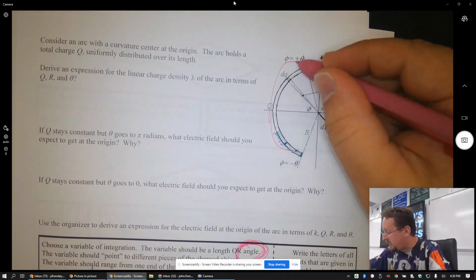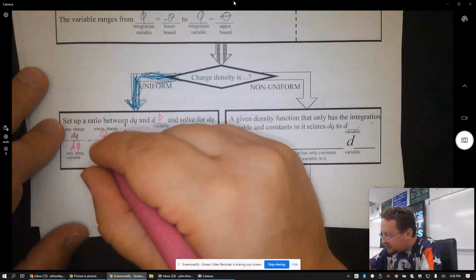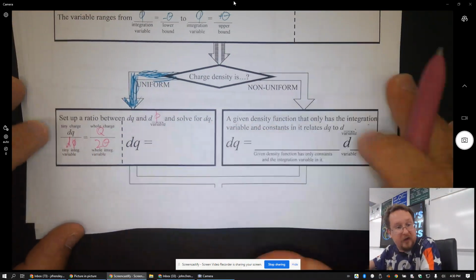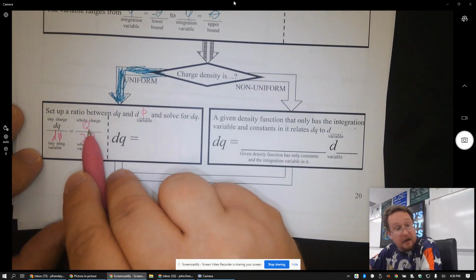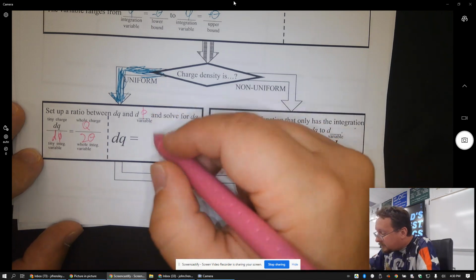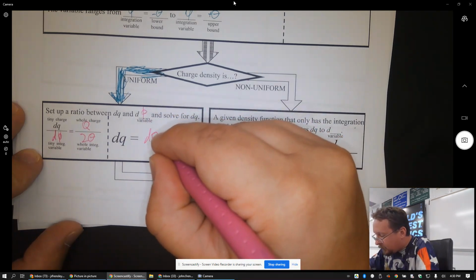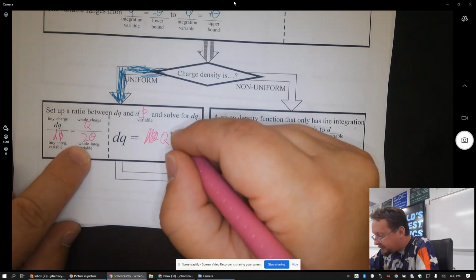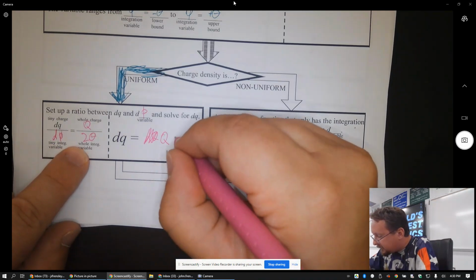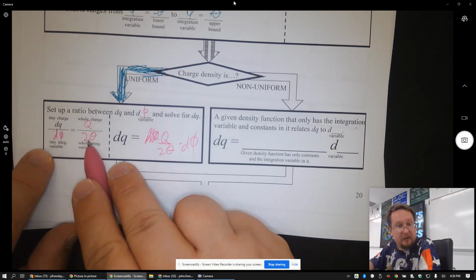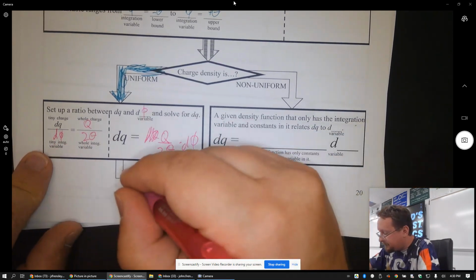That theta and this theta, 2 thetas. So dq over d phi is Q over 2 theta. Tiny charge over tiny angle. I was about to say tiny length. Whole charge over whole angle, right? So that means dq is going to be Q over 2 theta times d phi. It's just solving that ratio for dq. Just multiply up, then you're done.